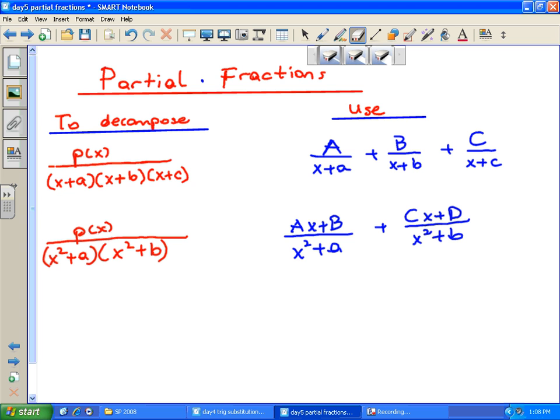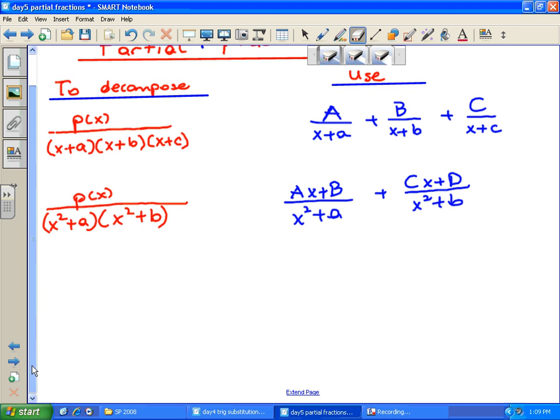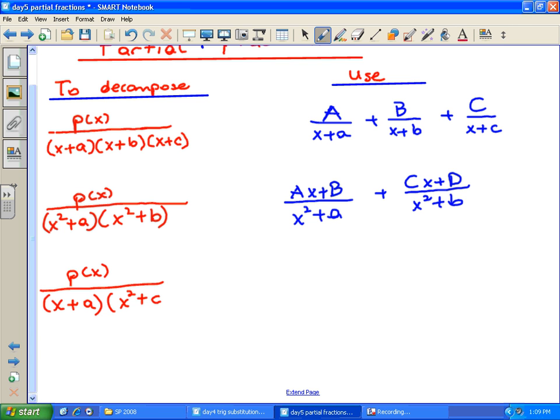Now, you could also have all sorts of variations of this. For example, you could have a polynomial p of x divided by, let's say, x plus a multiplied by x squared plus c. How would you separate this into its partial fractions? Now we have a combination of a linear factor and an irreducible quadratic. So use a combination of the 2 techniques discussed so far.